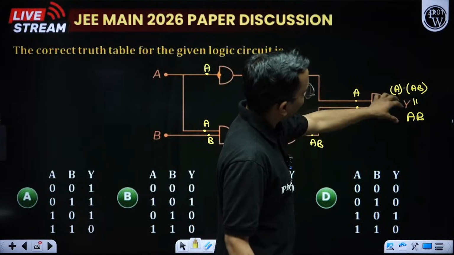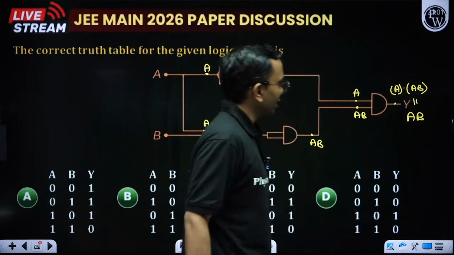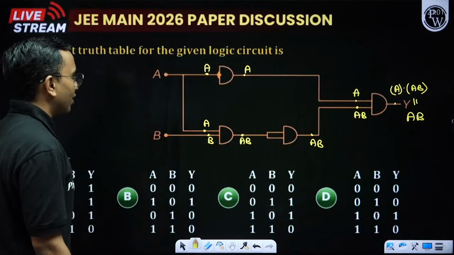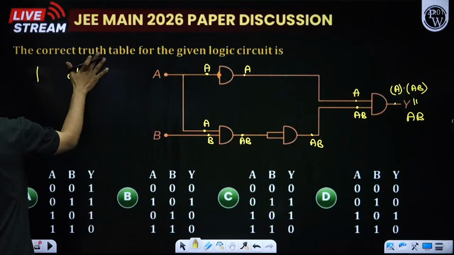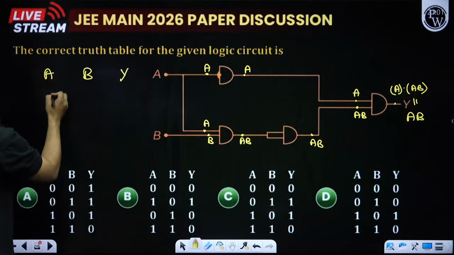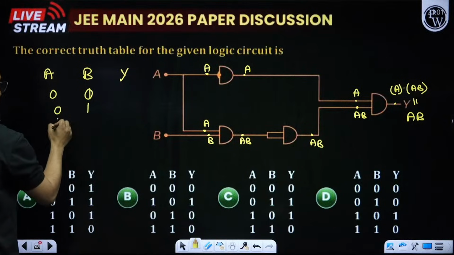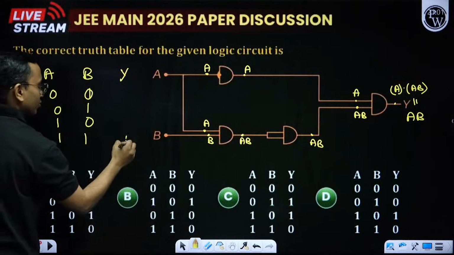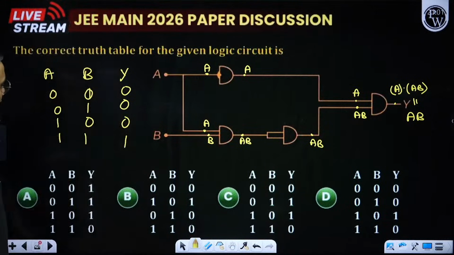Now AB into A, A into A will become A again, so that is AB. So when I have A, B and Y: 0 0 0, 0 1 0, 1 0 0, 1 1 1. I am getting these, and you can even check step by step.